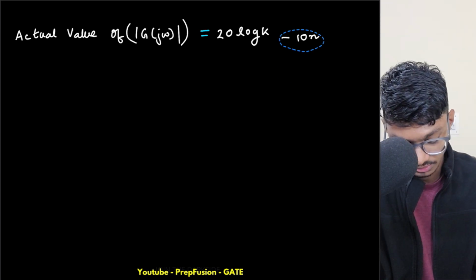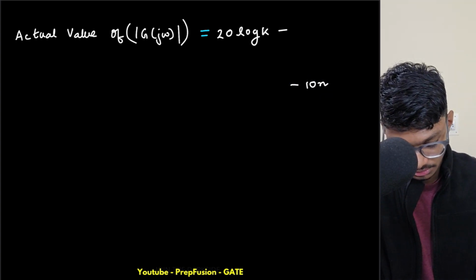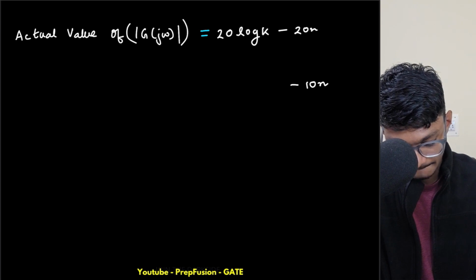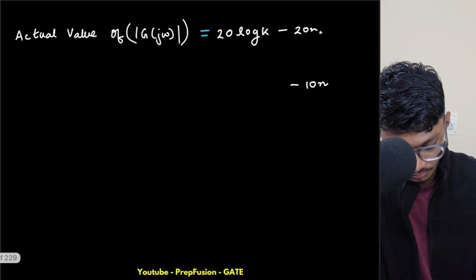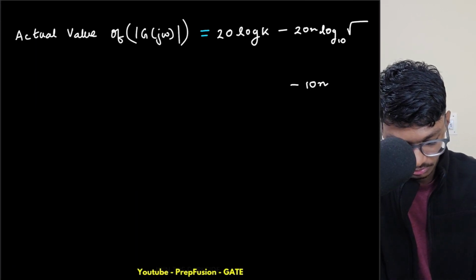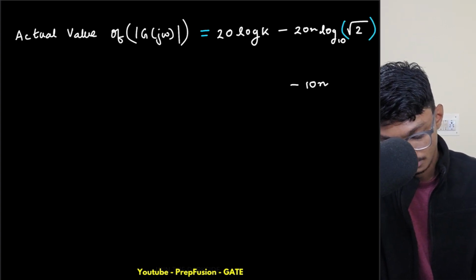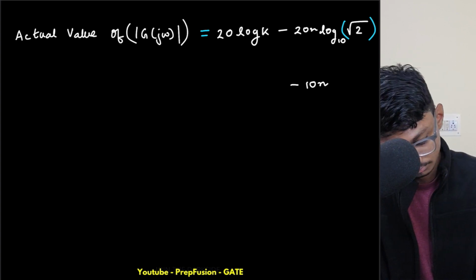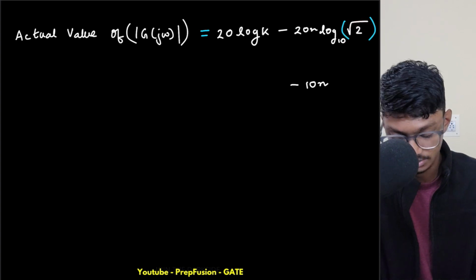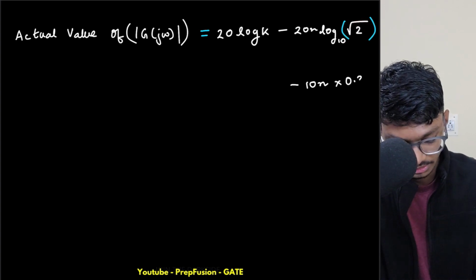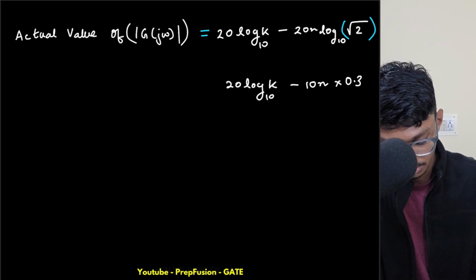Just so you don't get confused, this is minus 20 n, log base 10, of under root 2, and this half comes here, and this is 0.3 into 20 log, also base 10.